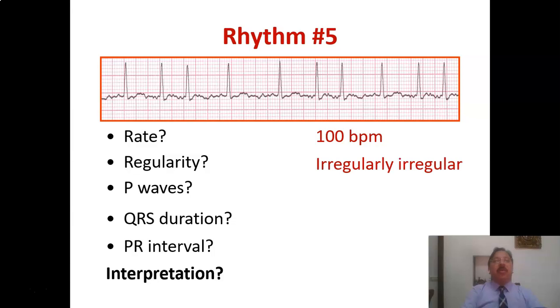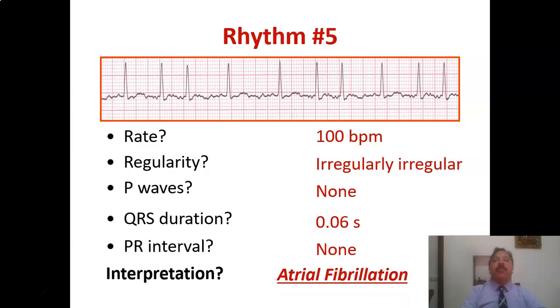It's completely irregular. Very bizarre. Irregularly irregular. P waves are seen or not? Not at all. QRS duration, narrow or wide? It's narrow. It means it's coming from above the ventricles, somewhere from the atria. PR interval, none. So your interpretation, atrial fibrillation.